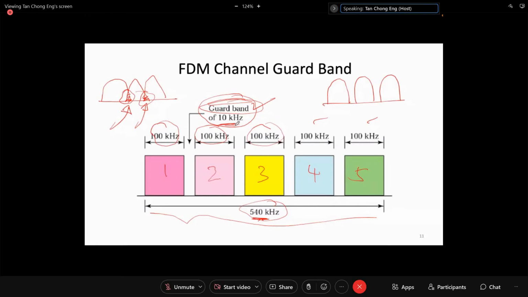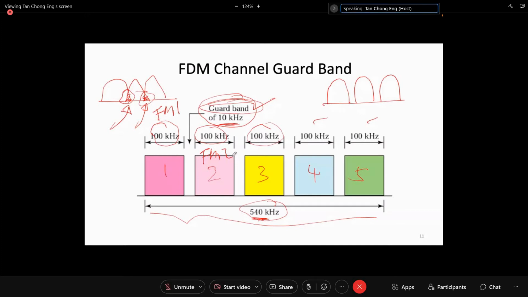So the first one could be FM1, the second one could be FM2, and they all run on different frequencies. Remember the frequency that you are tuning, something like 88.9, 90.6. Those are the frequencies for that particular channel. So one frequency is one user, one channel.